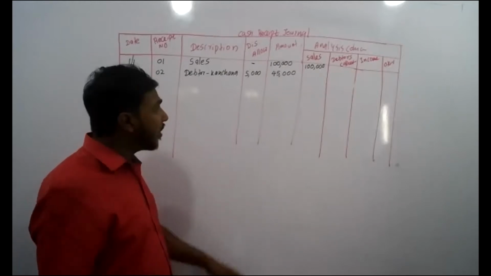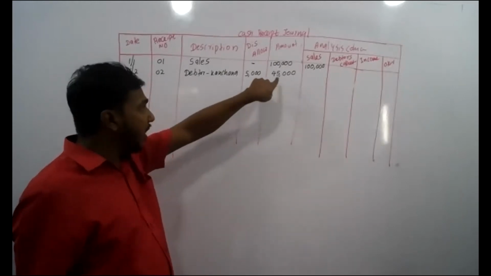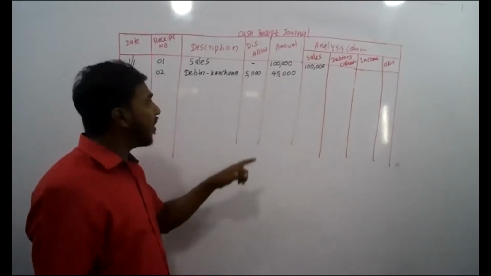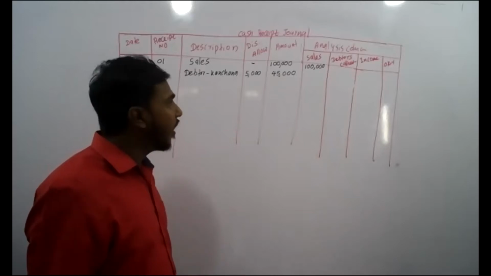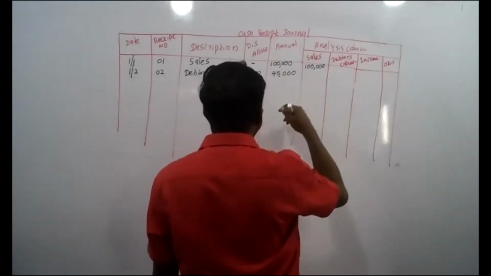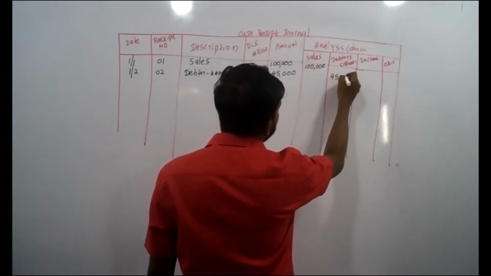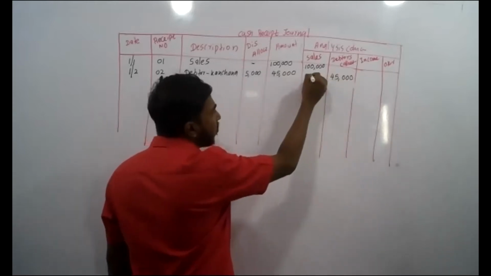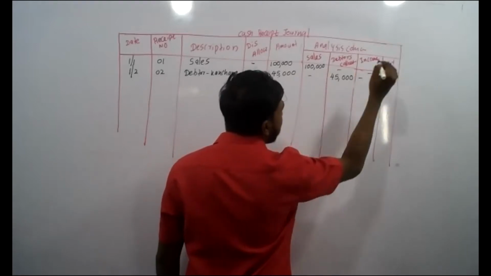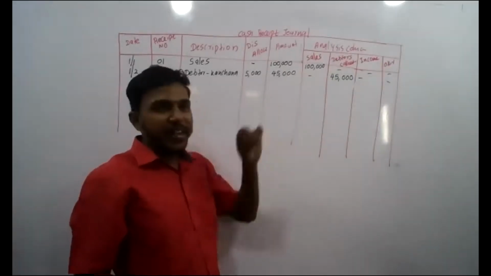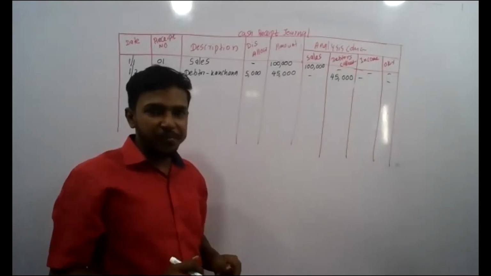So luckily you have received 45,000 rupees, but after allowing a discount of 5,000. Then which column are you supposed to select for this 45,000? That's the debtor's collection. That means cash comes from the debtor's collection. You receive the cash from a debtor, so you have to select the debtor's collection column.